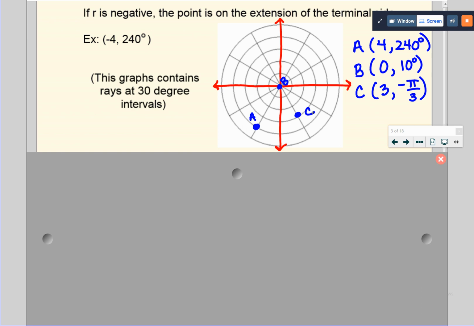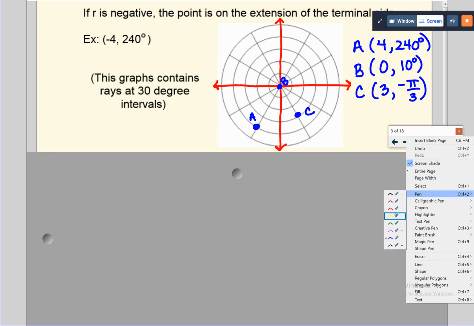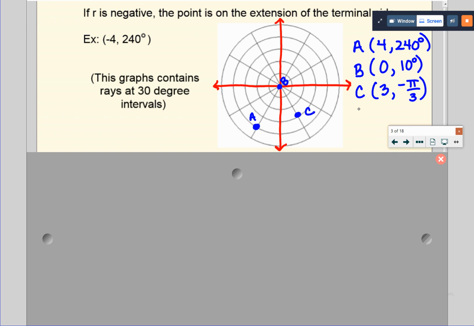If you have a negative R value, we're going to call it point D, (negative 4, 240 degrees). Not a negative angle, a negative R value, I should have said. It's a little bit different. If the R is negative, you're still 4 units out. You're still going to be on the 4th circle, but we're not going to start on this side of the polar axis. We're going to start on this side of the polar axis.